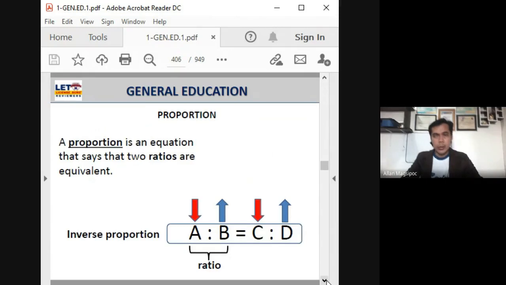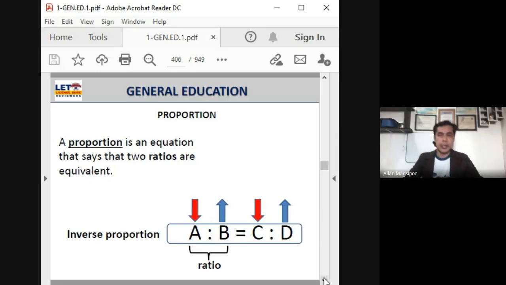Yung inverse proportion naman, two proportions or two ratios which are also inverse na mga ratio. Like ito, A decreases, B increases, same thing as C decreases, D also increases. Inverse proportion.